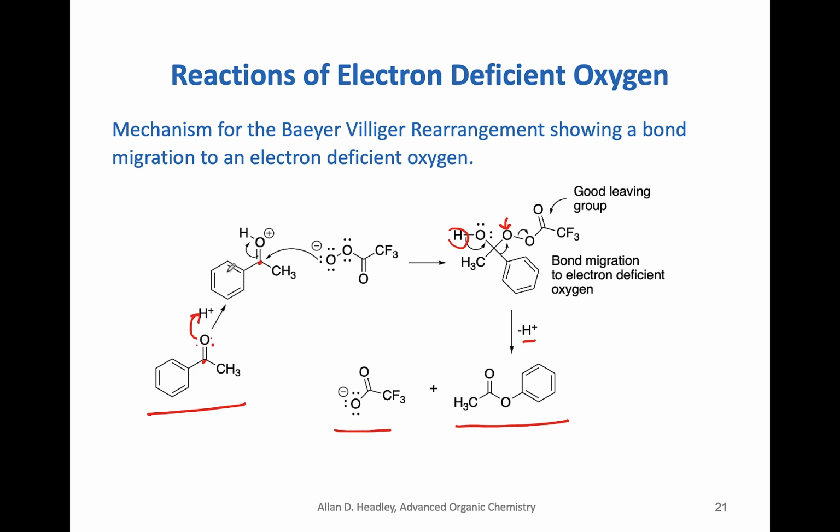In other words, this group here migrates to the electron deficient oxygen that's coming in. And here it is. As we pointed out earlier, this group here could in fact migrate also to give a different product, but since the phenyl group is a better migrating group than the methyl, this becomes the major organic product here for the Baeyer-Villiger oxidation, or the Baeyer-Villiger rearrangement.